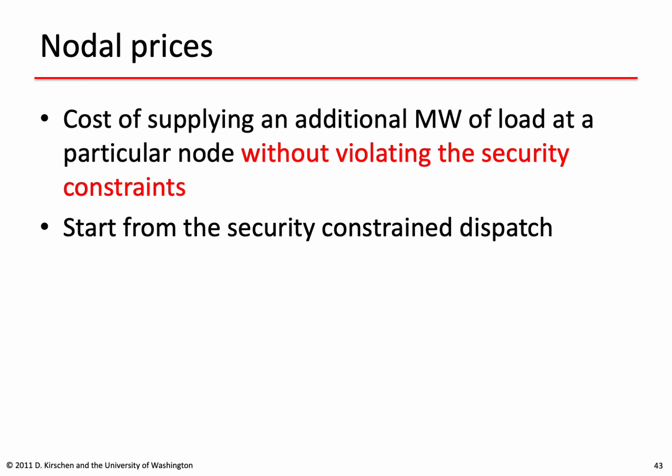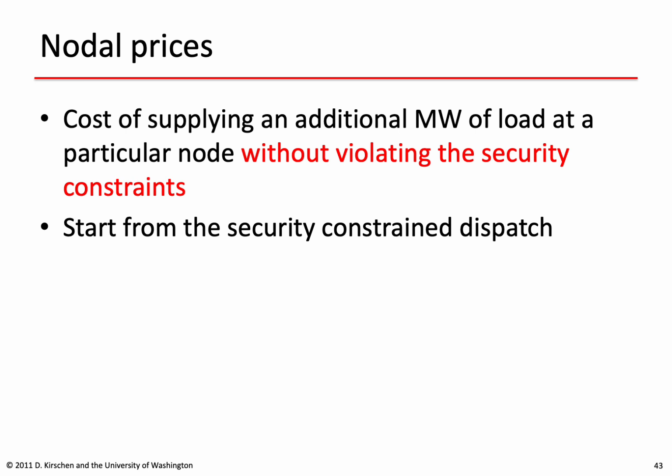So now we know what dispatch the market should implement to achieve the lowest overall cost or maximum global surplus. But what we need to calculate next are the nodal prices, which indicate what generators would be paid for producing at each node and what consumers should pay at each node to consume power.